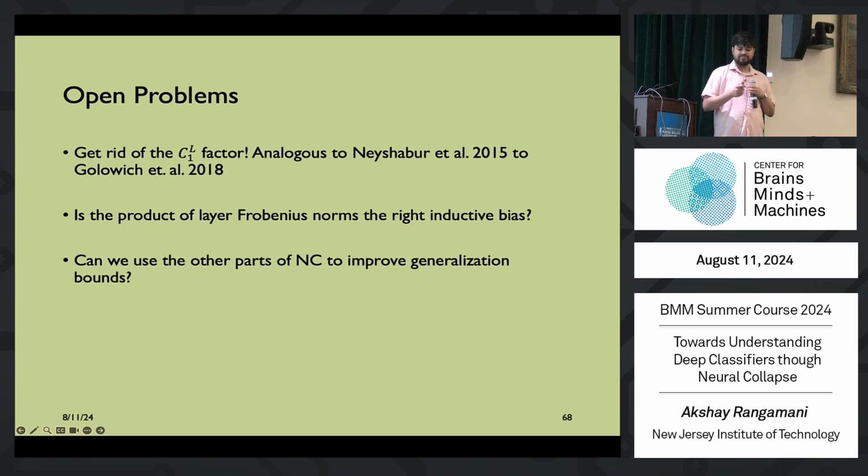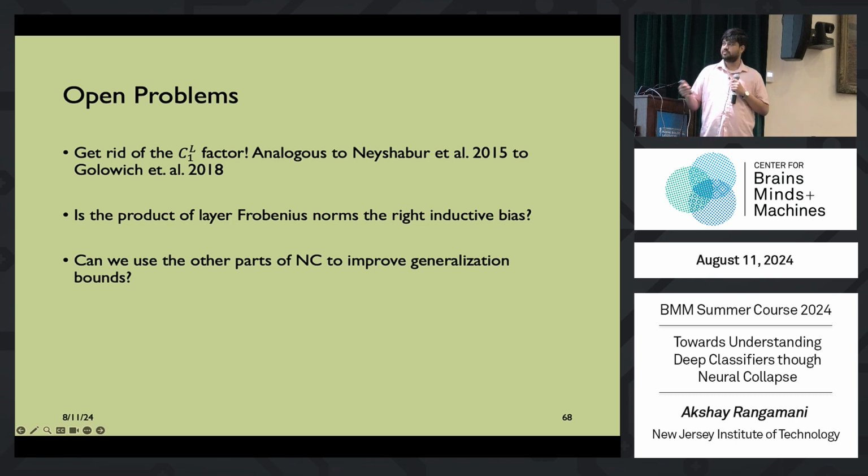Does this actually capture anything about generalization? If you actually plug in the values into these bounds, the product of Frobenius norms is still quite large, of the order of 10 to the 6 or 10 to the 8 or something like that. So the bounds are still quite loose, so maybe this is still not the right inductive bias.